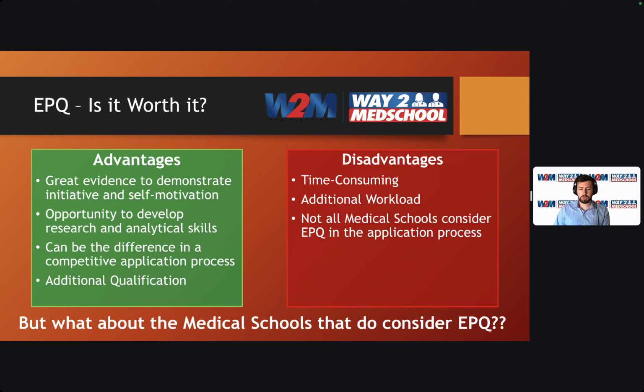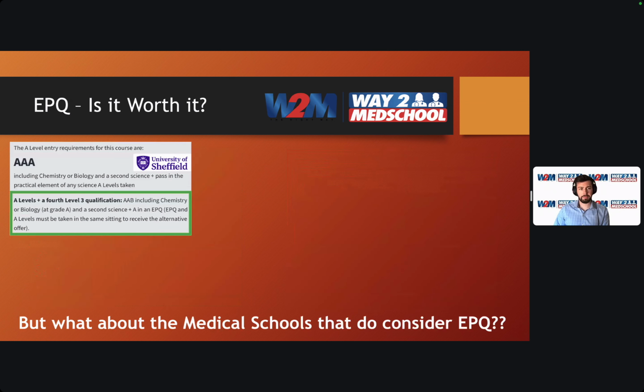But what about the medical schools that do consider EPQ? Does it change much? Well, let's have a look. So I started off with Sheffield. I've just cherry-picked these. There's no particular reason why I've gone with these. But if you have a look at the top, we can see Sheffield's typical offer to do medicine is 3 A's, including chemistry or biology.